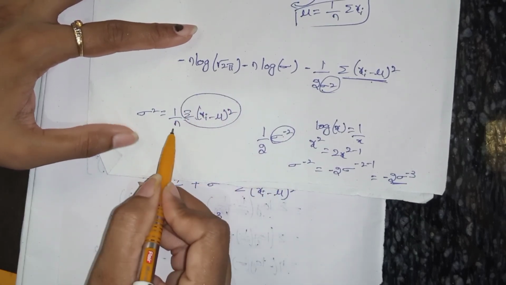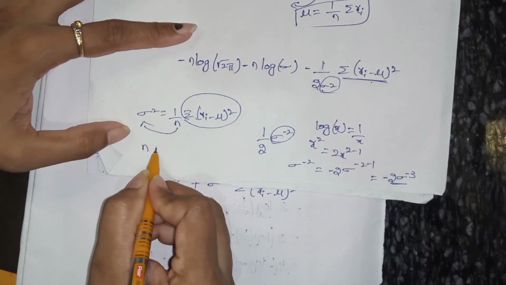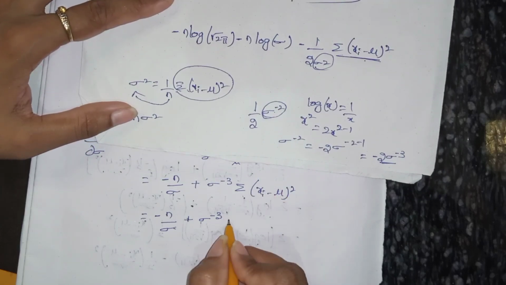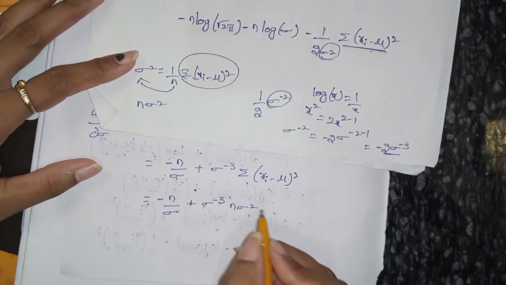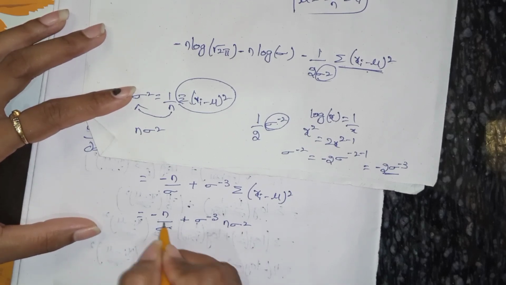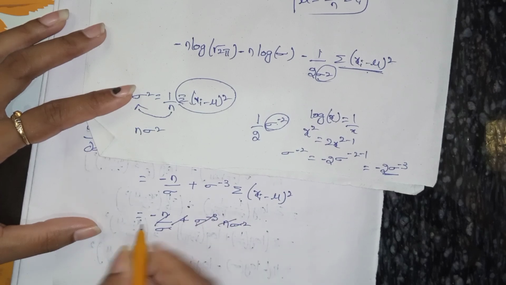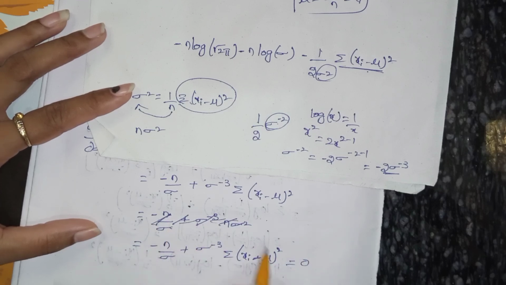That means we can send this n from RHS to LHS, so we can write n sigma square now. Or else you can keep it like that also, nothing happens in that. We will keep minus n by sigma plus sigma to the power of minus 3 summation xi minus mu whole square equals 0. We are equating this term as 0.